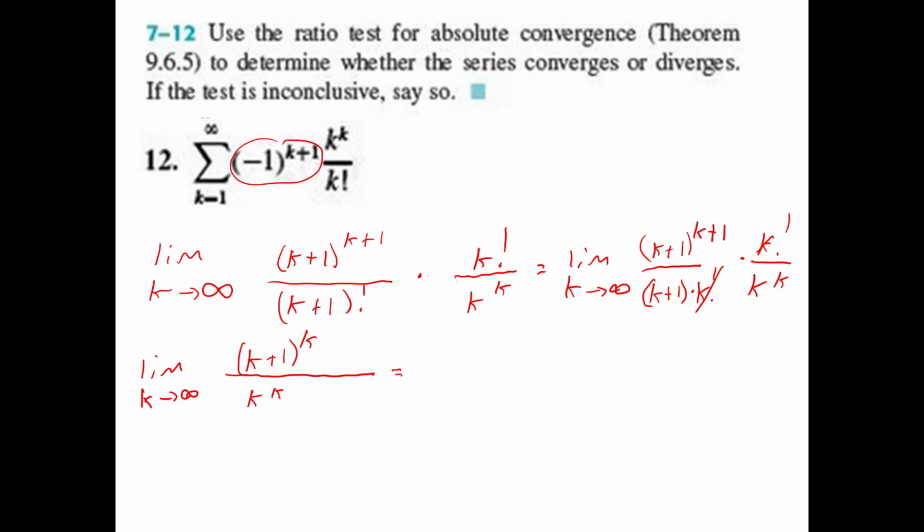Okay, now since these are both the same, it's not entirely obvious what this is, but since these are both the same, we can use the rules of exponents and rewrite this as the limit as k goes off to infinity of k plus 1 over k raised to the k.